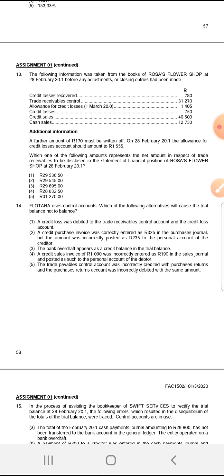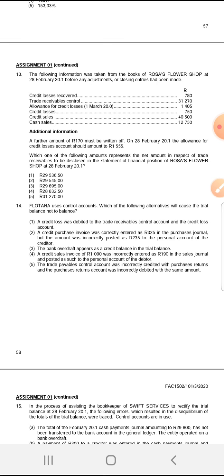Remember, guys, at the beginning we have already adjusted the trade receivable amounts by 1,405, but here at the year end they're telling us that the allowance should be 1,550, so we'll have to increase by 150.